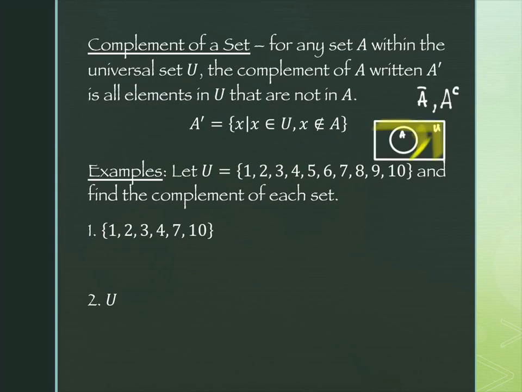It's not circled, so it doesn't exactly look like a donut, but it kind of looks like a donut, right? That's what a complement is. It's exactly the opposite of whatever's in set A, or at least whatever's not included.